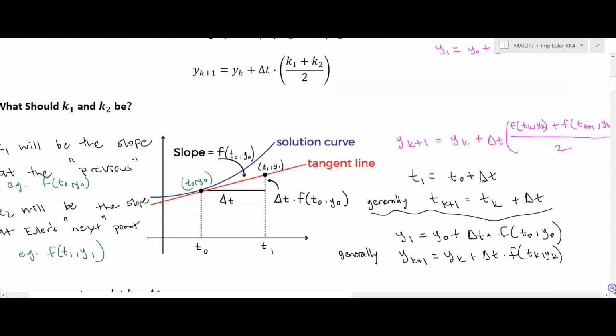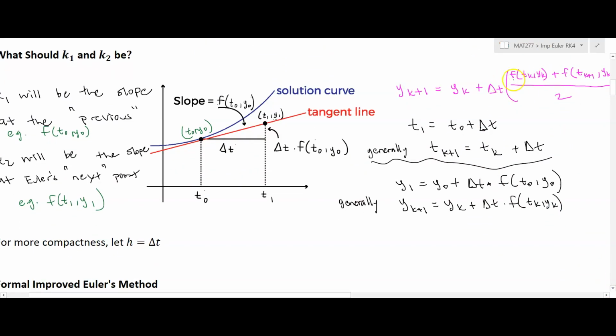Great. So now I can actually replace the parameters in this equation here. I can say y sub k plus 1, and I can rewrite the right-hand side with everything being in terms of k and not k plus 1.